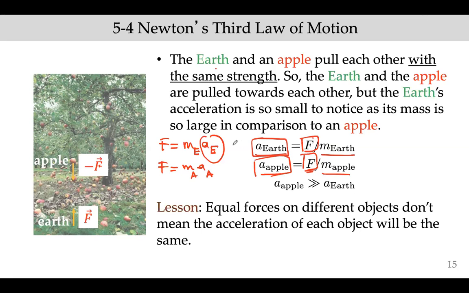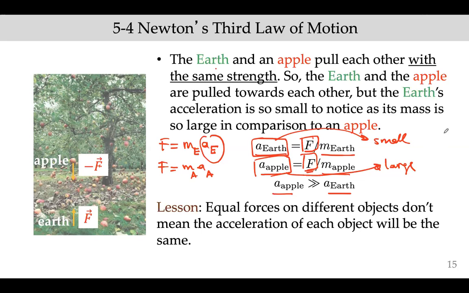So this acceleration is extremely small, and this acceleration of the apple is large. The acceleration of the apple is so much larger than the Earth's acceleration that we don't really notice the Earth is moving.